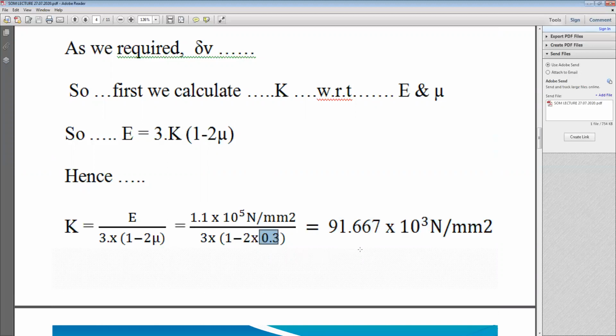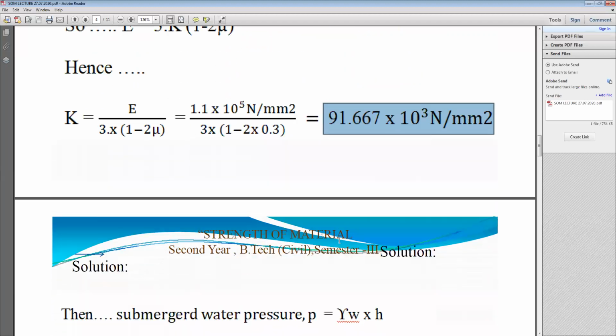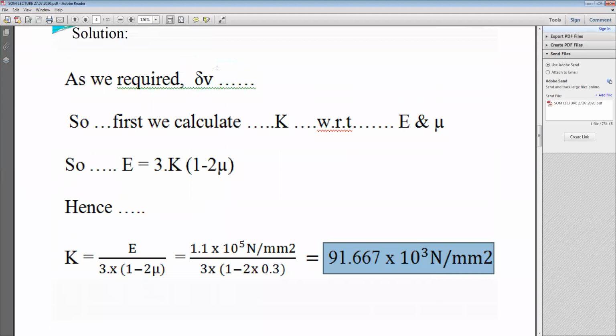So K is equal to 91.667 into 10 to the 3 Newton per mm square. This is the value of the capital K. You have to make the practice yourself. After that, we will see what the objective is. Delta V is the objective. K is now a known quantity.